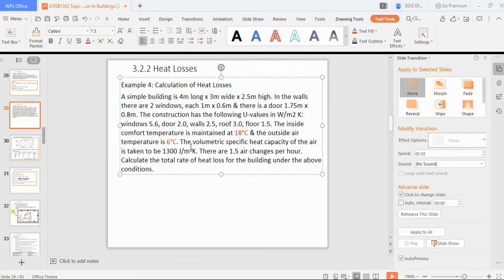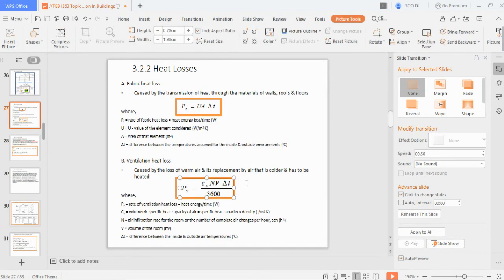So you have to find what is the total rate of heat loss for this building. You're given also 1.5 air change, and then the heat capacity, which is 1300. So you have to utilize this ventilation heat loss formula. So you're given CV, you're given the number of air change, which is 1.5.